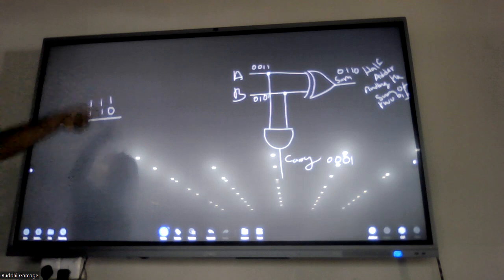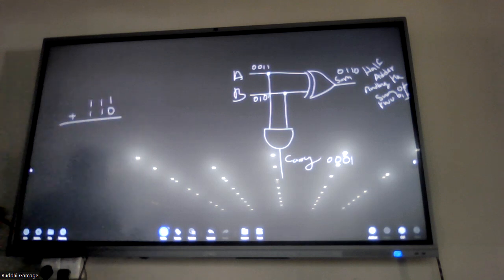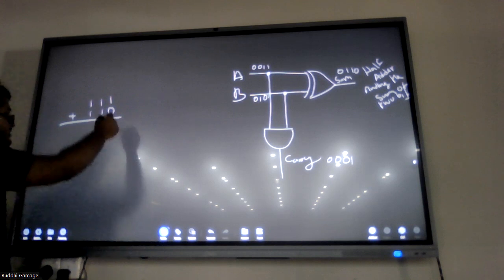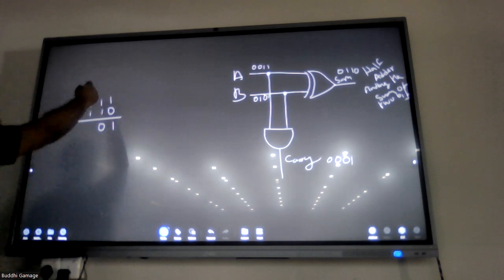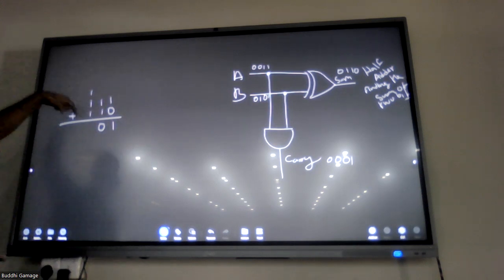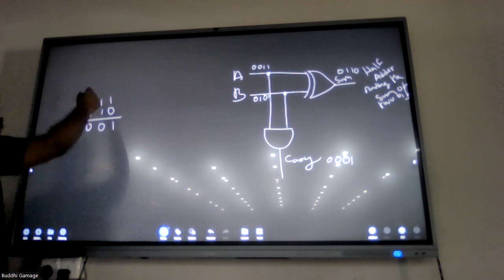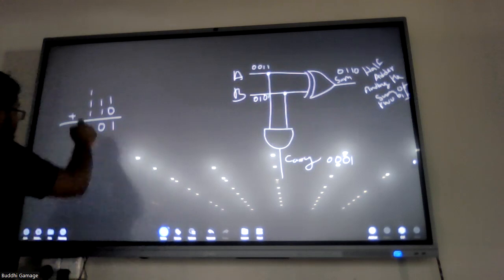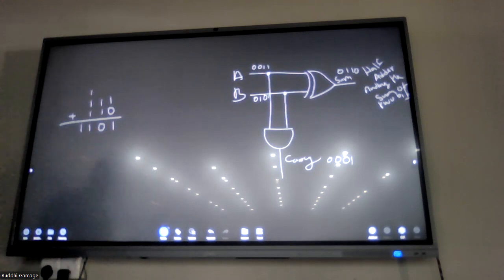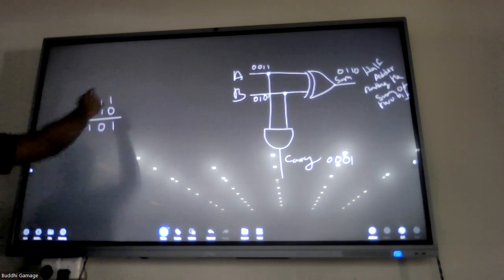So what is the answer here? 1, 0, 1, 1, 1, 0. Then here it is going to carry forward that way. Then what is the answer? It should be 1, 1, right? So we can do this part and this part.